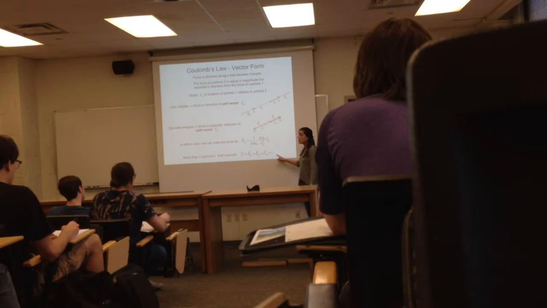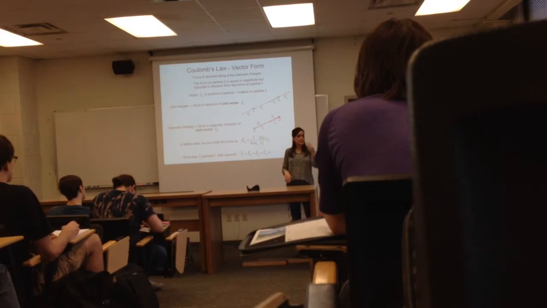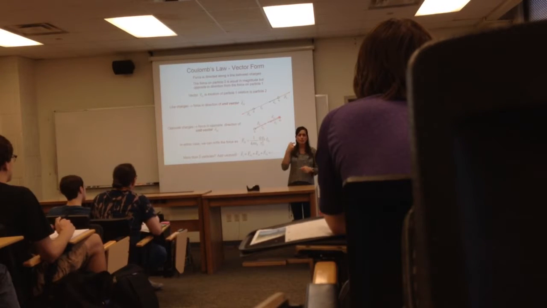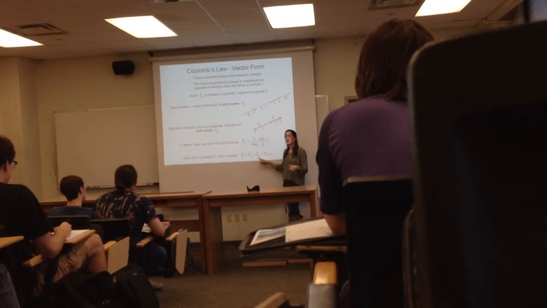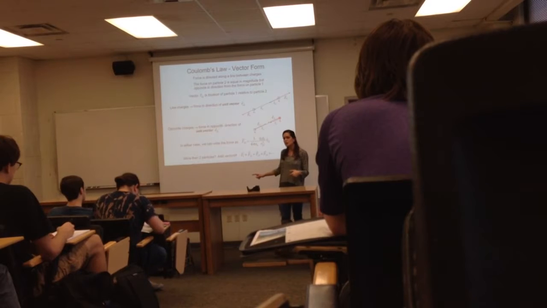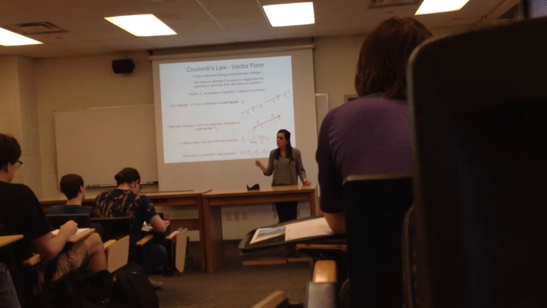So, more than two particles. What do we call this? Summation, but it's a super... position. Yes, it's called superposition. You'll see this all the time. You actually saw it last semester too. And the principle of superposition is pretty crazy if you really think about it.